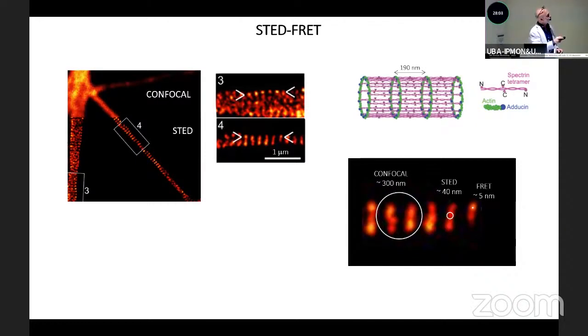So you see here, this is the structure. If we do diffraction limited imaging, that's the resolution. We will not see this regular structure. If we apply STED, we can resolve it very nicely. But if we want to see biomolecular interactions in these regions, we need to apply something inside here. So the idea is to do FRET inside this subdiffraction volume. Okay?